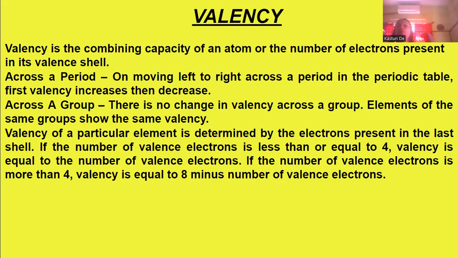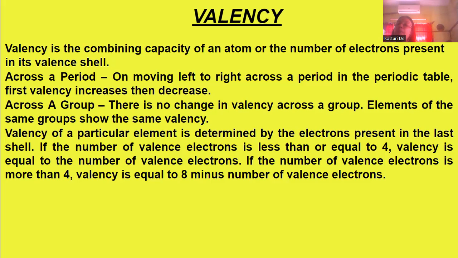Now, as we know that we have to form the octet, if the element has more than 4 valence electrons, its valency will be 8 minus the number of valence electrons.